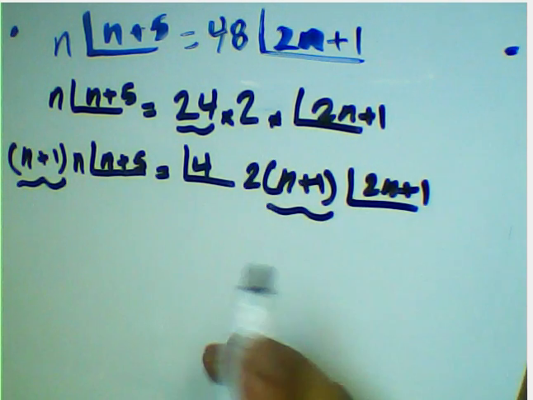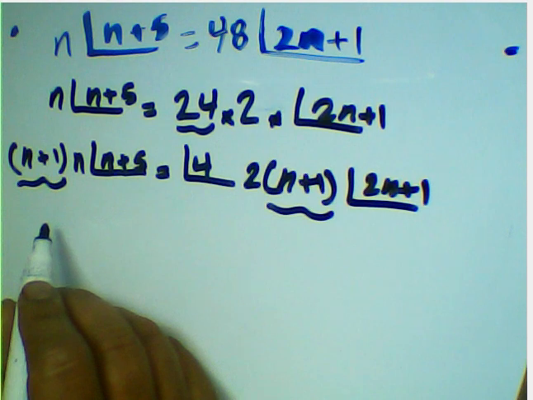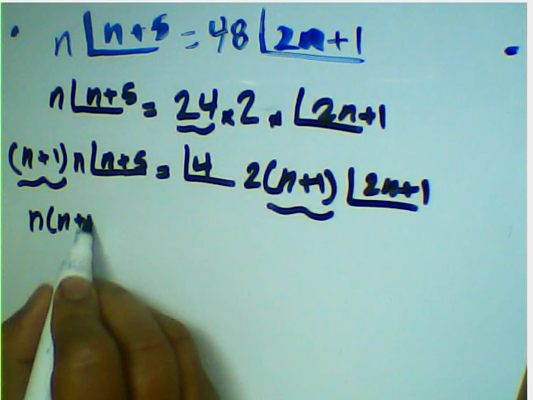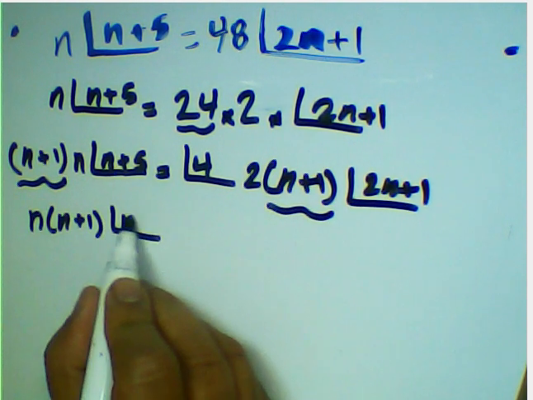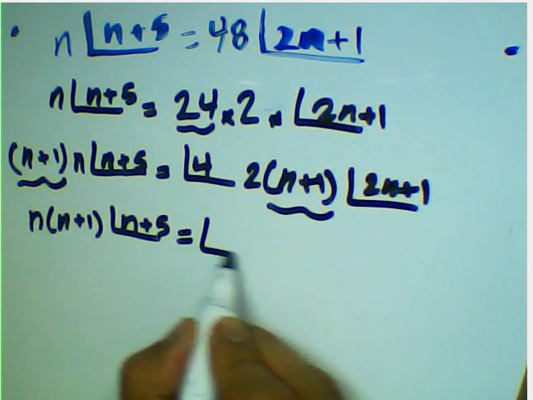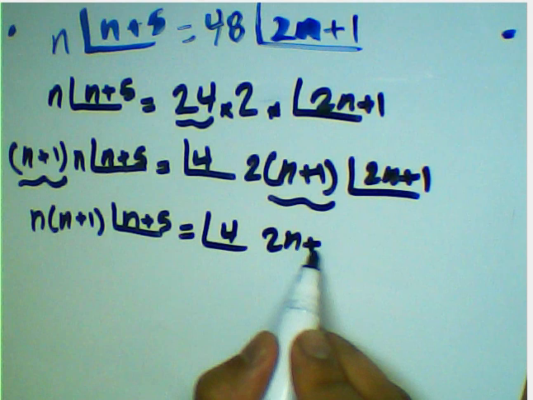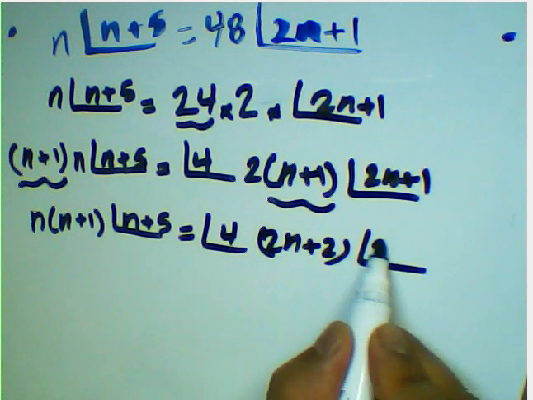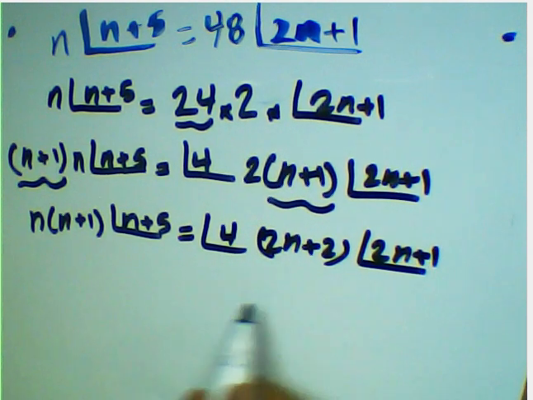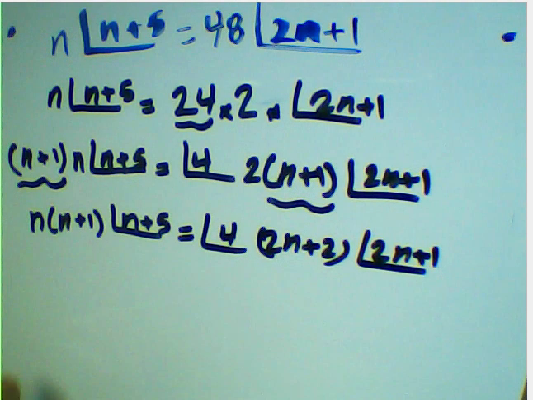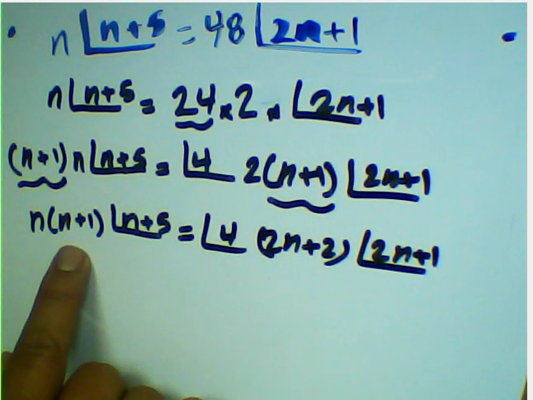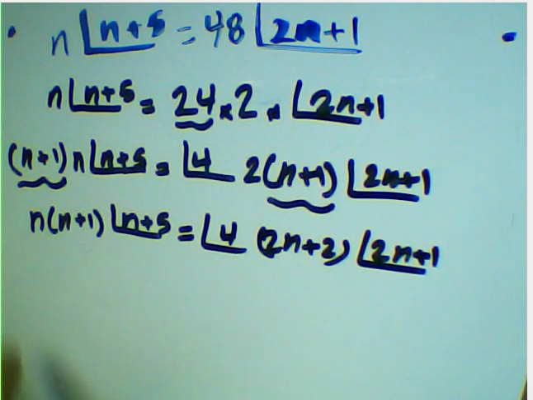We can write it inside, okay? Then n multiplication by n plus 1, factorial n plus 5, it will be factorial 4, multiplication by 2n plus 2, multiplication by factorial 2n plus 1. Then n here, multiplication by factorial n plus 1, right?